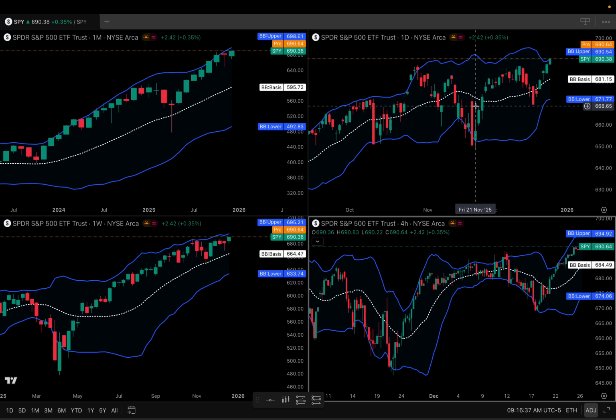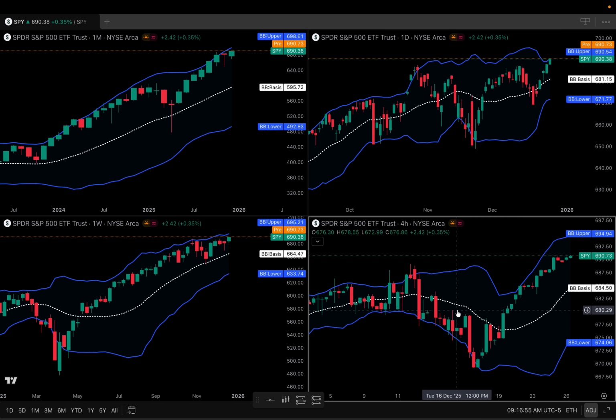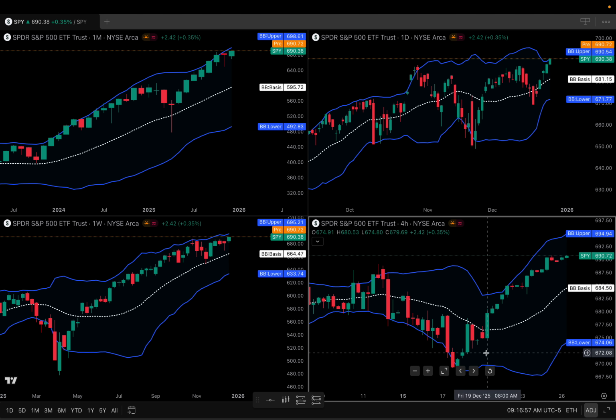Next, I look at acceptance versus rejection. I look for acceptance or rejection usually at the basis, and the upper and lower bands. Acceptance means the candle bodies close at a level and then stay there. For example, this one here went above and tested the basis and the candle stayed there.